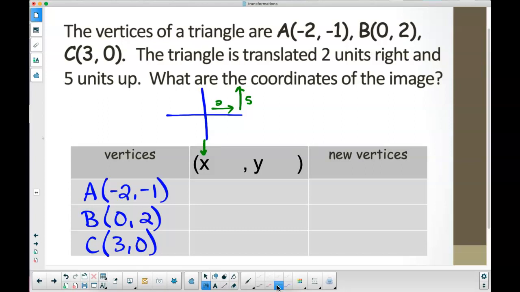And if I'm going 2 units to the right, am I adding to that number or subtracting from it? You're adding, right? If I have a point right here, and I move it this direction, it's getting bigger. So I have to add to it. So I'm going to take the X value and add 2 to it.